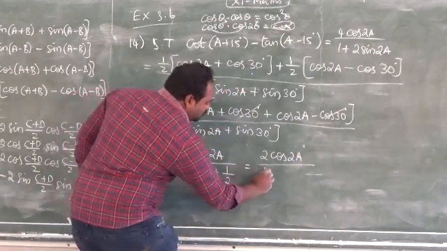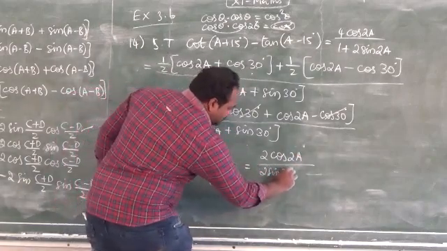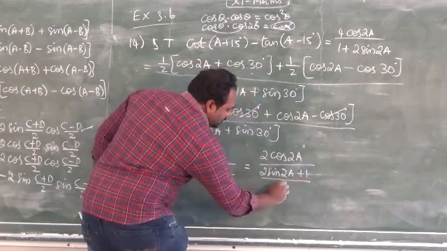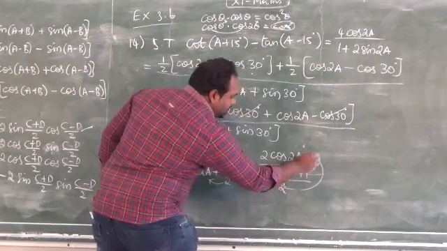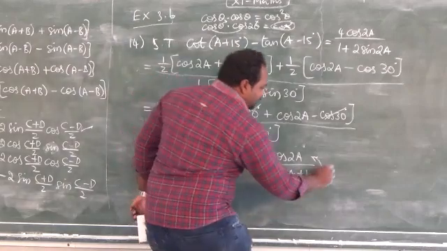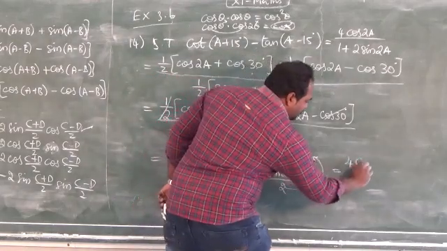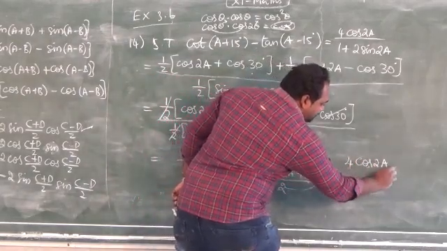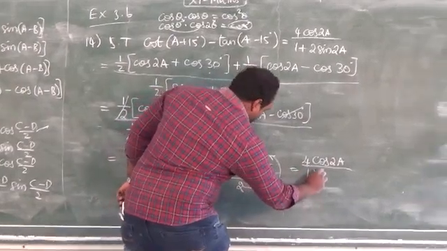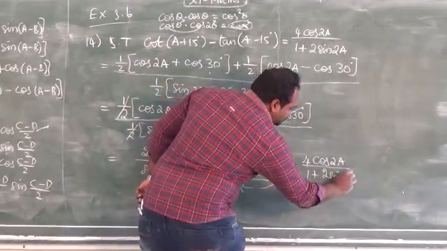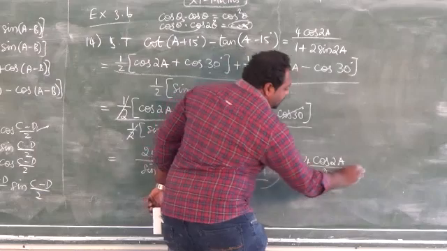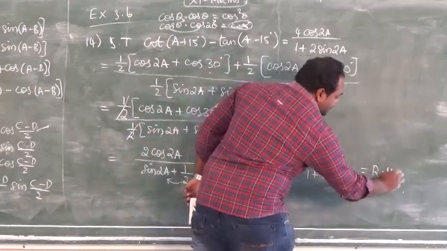If you cross multiply, it will be 2 sin 2a plus 1 by 2. Taking this denominator to the numerator, it will be multiplied to give 4 cos 2a by 1 plus 2 sin 2a, which is the right hand side answer.